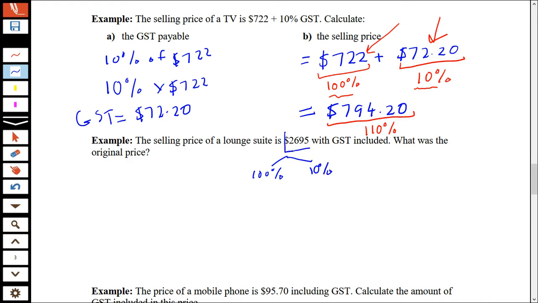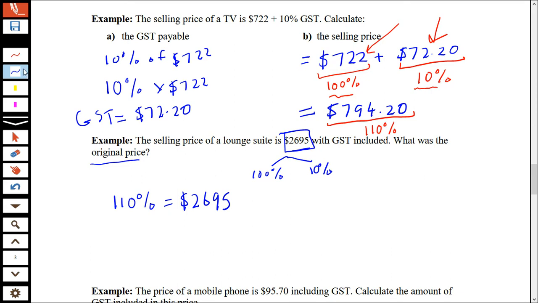So this price here includes the GST. All right, so that means that 110% is $2,695. Now you've got to find out what the original price was. The original price is the 100%, not the 110%.